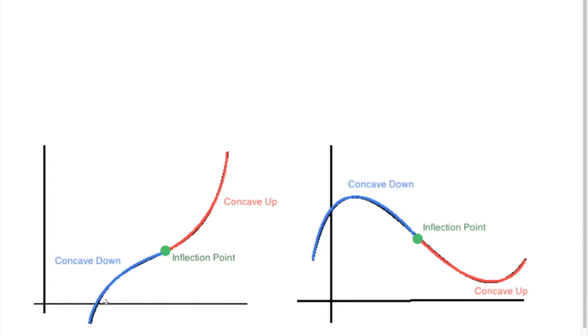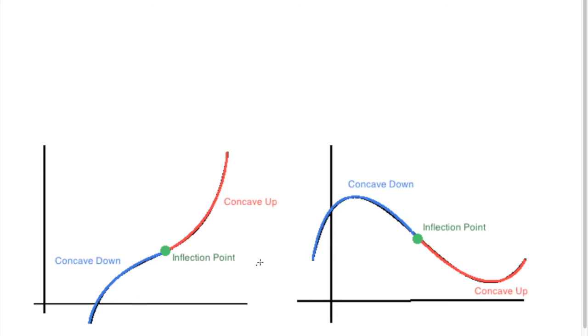This gets a little more confusing when it's not as clear of a U, but it can still be concave down and concave up, like this graph on the left. On the left side, it's concave down because you can imagine this is part of a U shape, and this would in no way hold water. And on the right side, it does change to concave up, even though it's not so clear that it's a U shape.